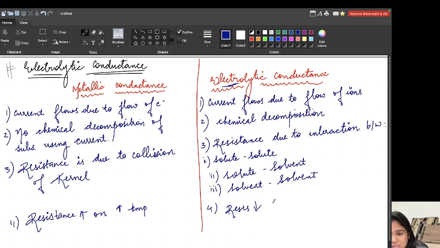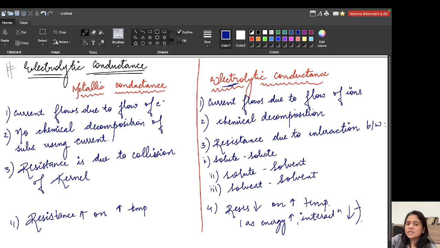Why does this happen? As your energy increases on increasing the temperature, the interaction level will decrease between solute, solvent, solute. Because of that decreased interaction, your resistance will decrease, and if resistance is decreasing, definitely your conductance will increase.